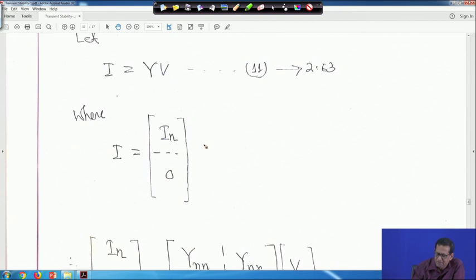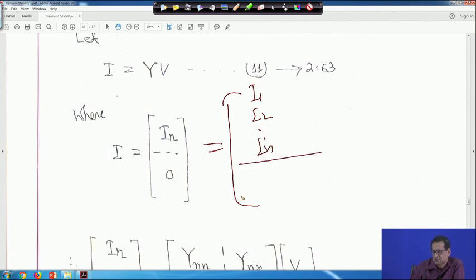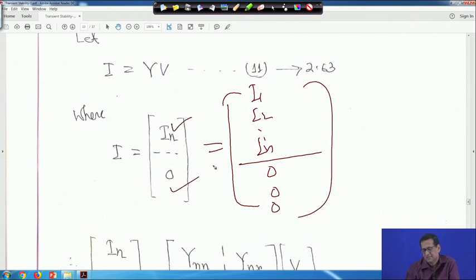Suppose you have n number of generators, so at all the generator buses you have current injection In, and at all other buses, the load buses, the current injection is 0. So In means I1, I2, up to In. If you have 3 generators, then n will be 3, right.